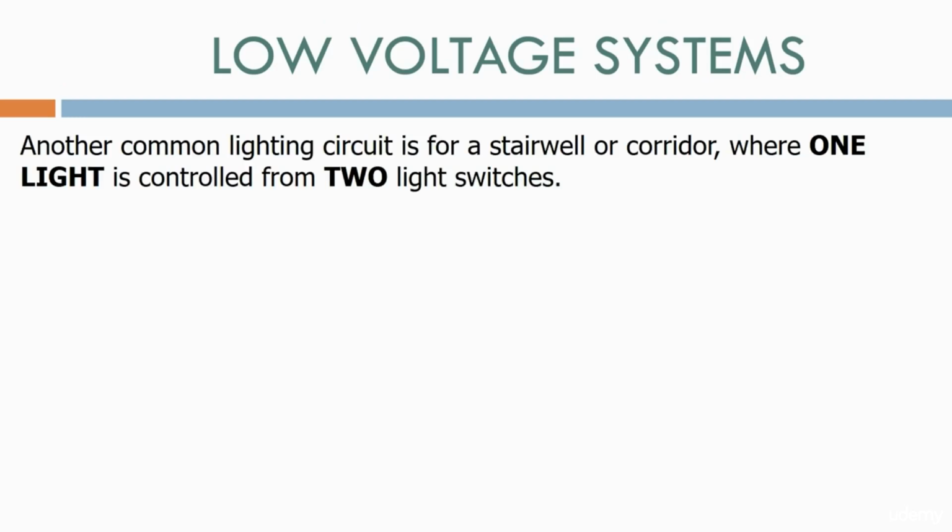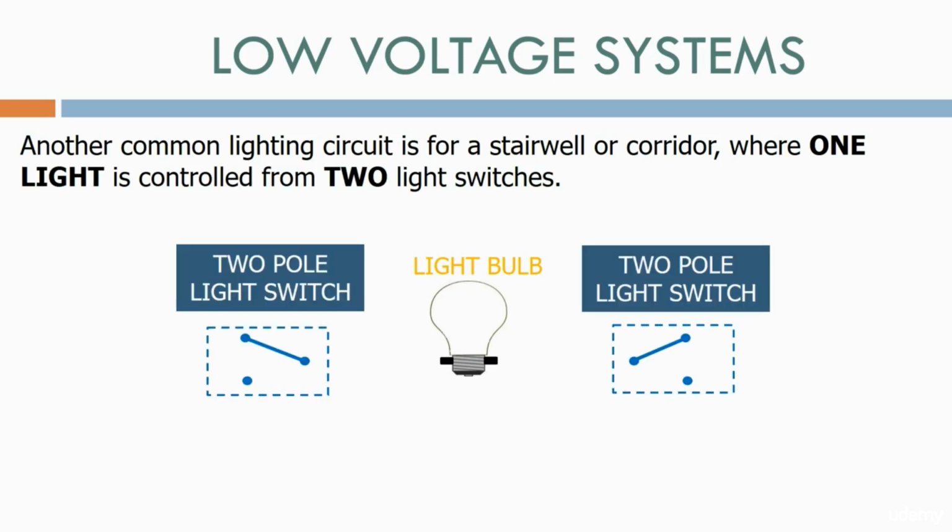Another common lighting circuit is for the stairwell or corridor, where one light is controlled from two light switches. Firstly, we have a light bulb. Here we have two two-pole light switches, one at the bottom of the stairs and one at the top of the stairs.